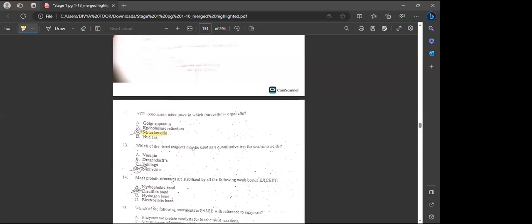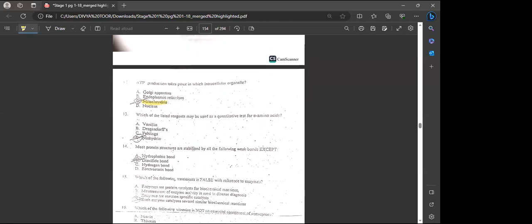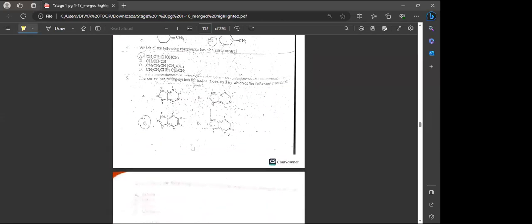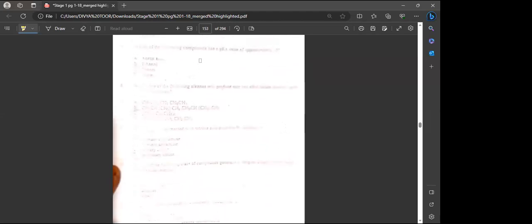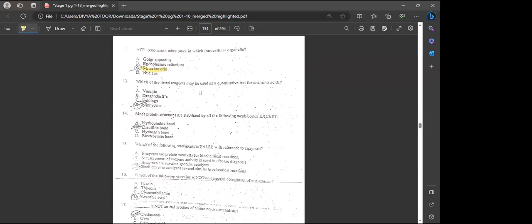Question 13: which of the listed reagents may be used as a quantitative test for alpha amino acids?